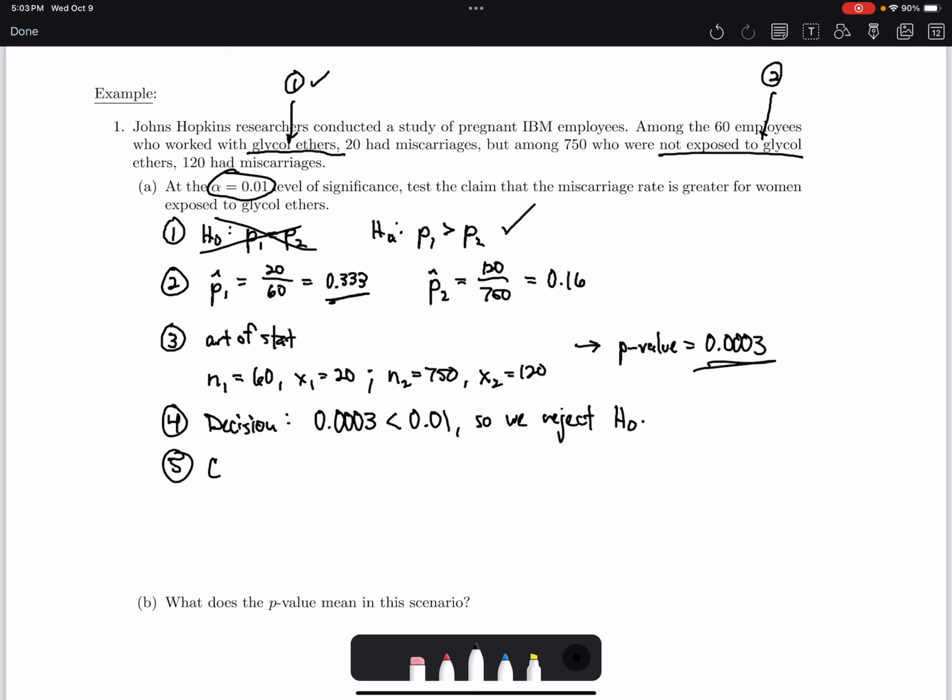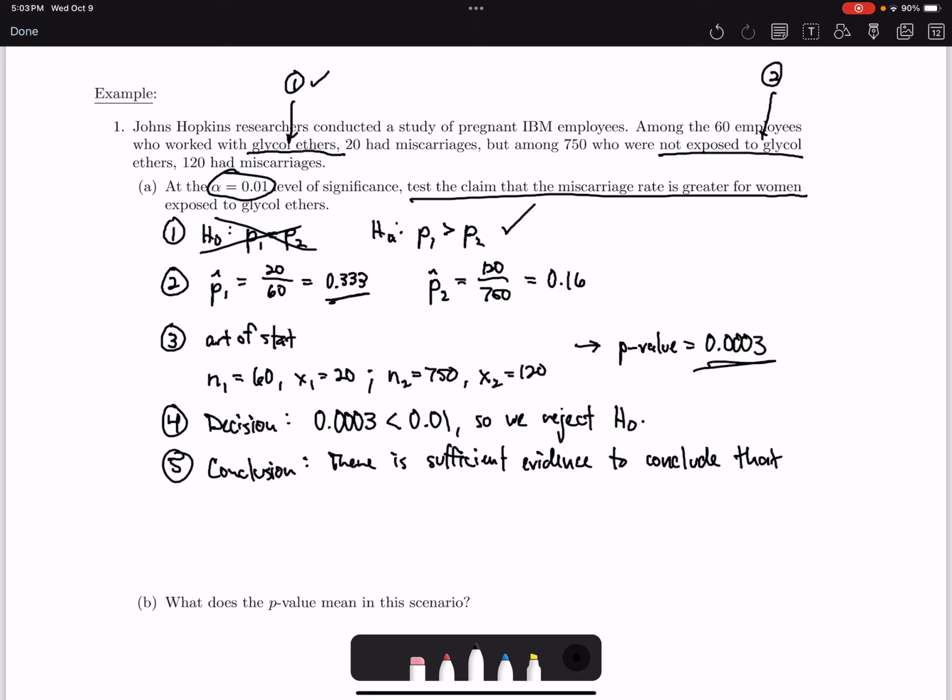So in conclusion, we would say there is sufficient evidence to conclude that, and if you haven't caught on to this already, most of the time you can copy and paste from the question. Like in this case, we were asked to test the claim that the miscarriage rate is greater. Okay, so we can just copy and paste that.